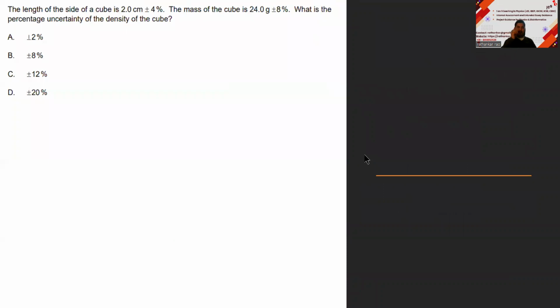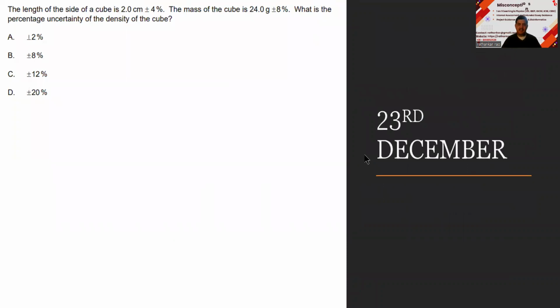So as I had discussed everything yesterday, now let us start with this. The length of the side of a cube is 2 centimeter plus or minus 4%. So what is given here? A is given by 2 centimeter plus or minus 4%, which is nothing but A0 plus or minus delta A by A percentage.